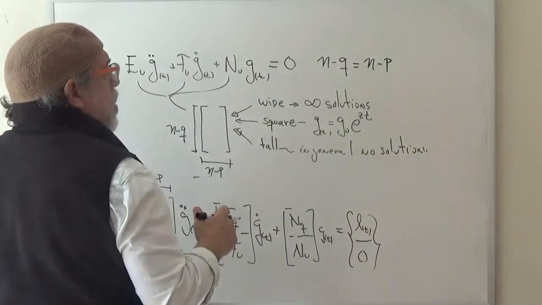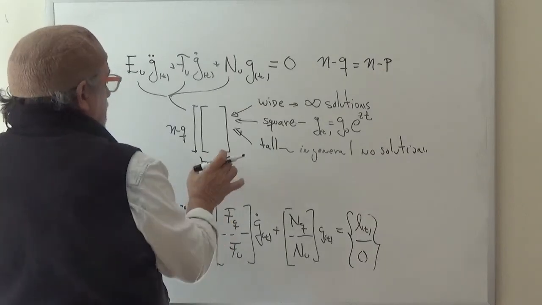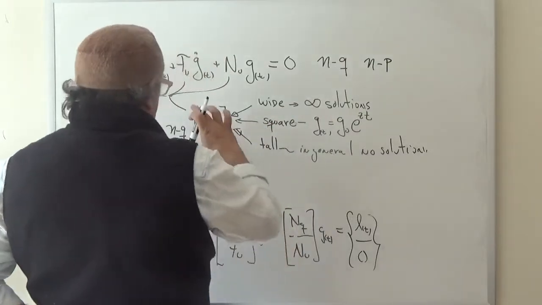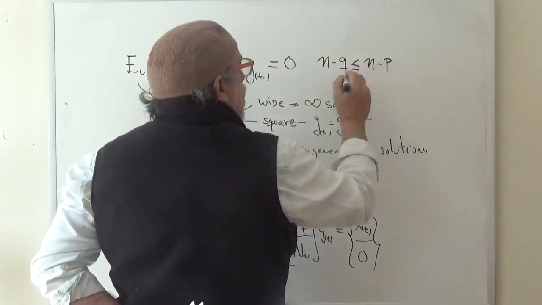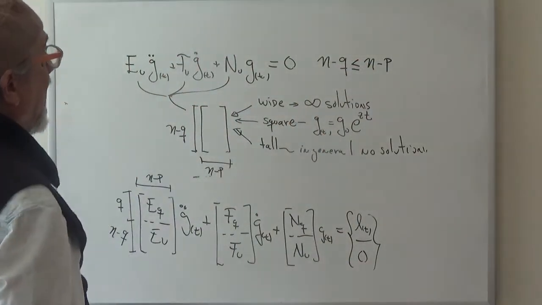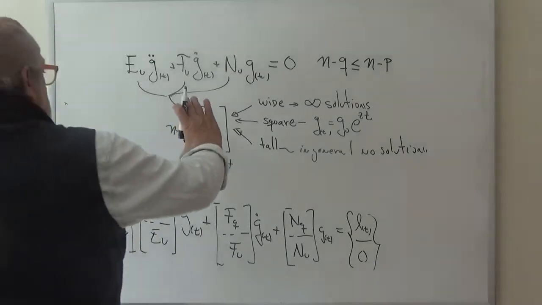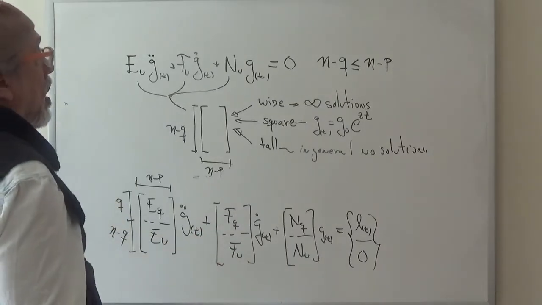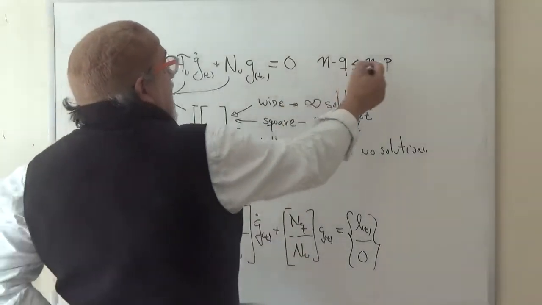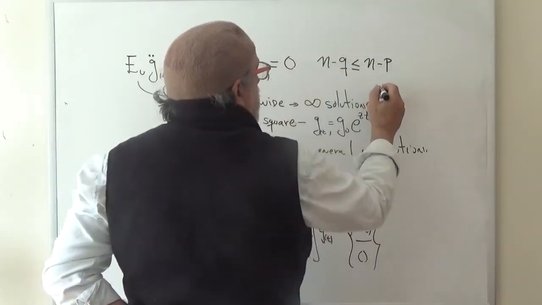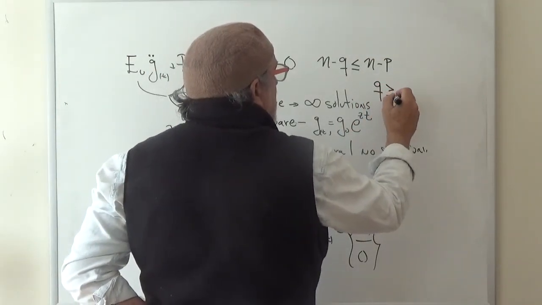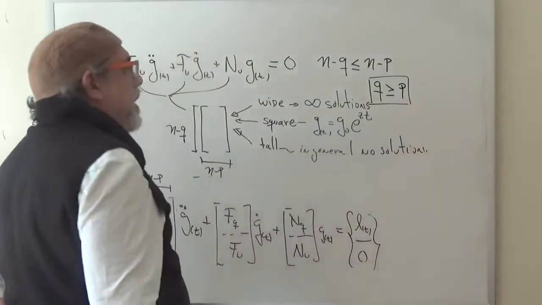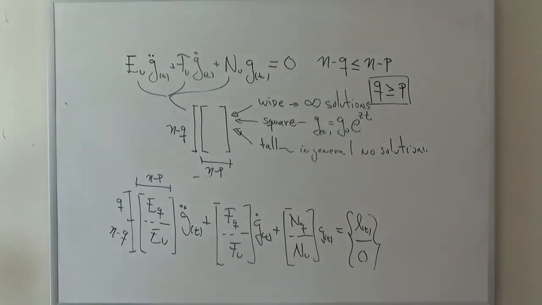N minus Q must be smaller or equal than N minus P. Subtracting N from both sides and multiplying by minus 1, which reverses the inequality, we get that Q must be greater or equal to P. What does that mean?